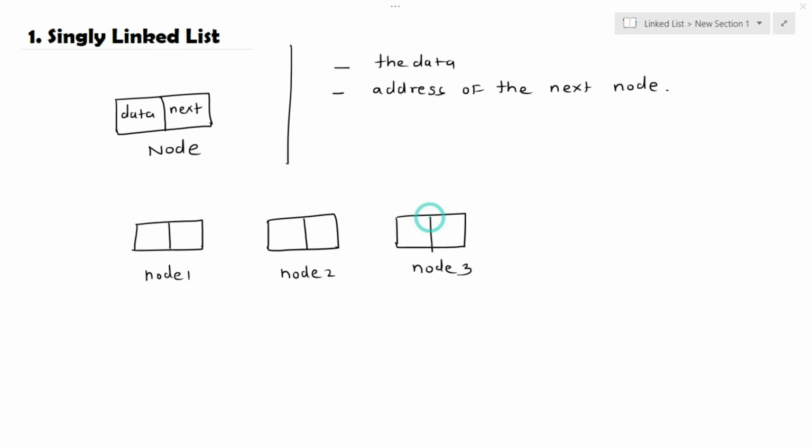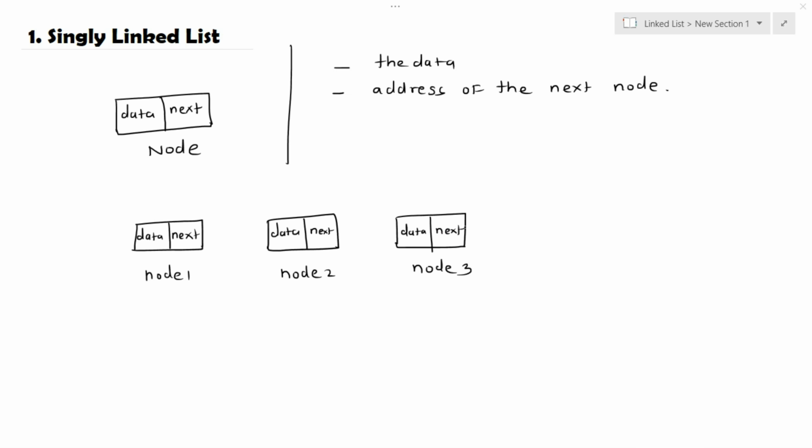The first bucket we can call data and the second one is next. Next is a pointer variable which points to the address of the next node. Again for the second node, same, this is data and this is next. Again for node 3, here is data and next.